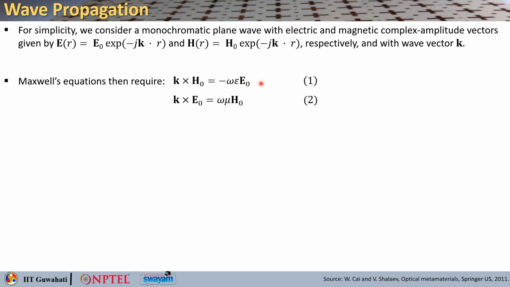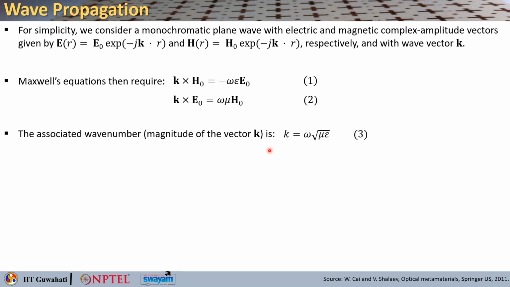Okay. So, this first equation basically indicates that your E naught is orthogonal to both k and H naught, while your second equation indicates that H naught is orthogonal to both k and E naught, right. So, that means these three vectors E, H and k are basically forming a mutually orthogonal set.